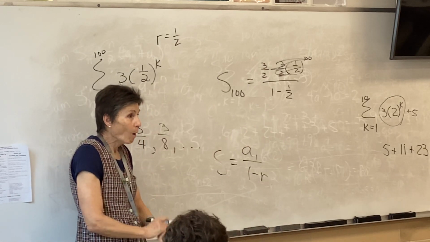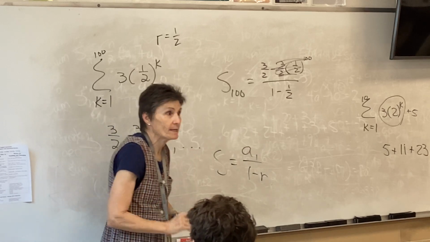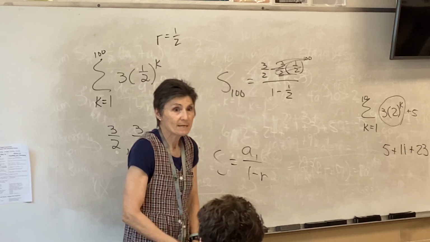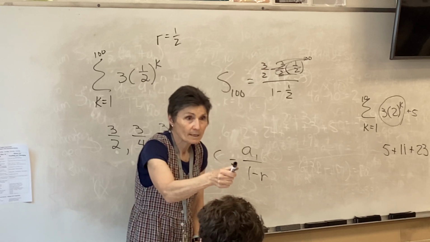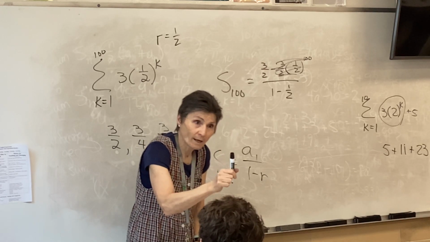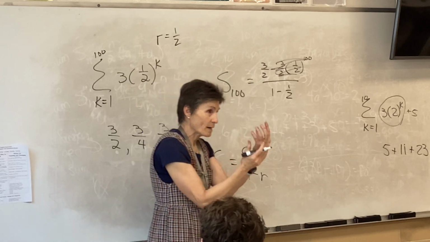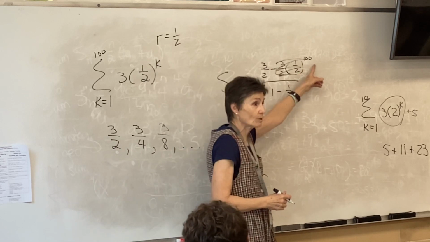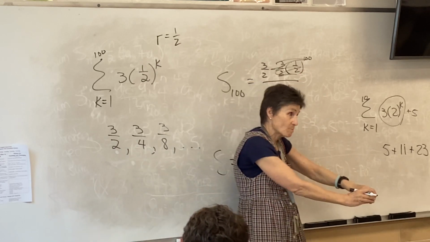Now, why did that work? It's not gonna work in every problem you do. Why did it work? Because the ratio is less than 1. And again, if the ratio is less than 1, the higher your power gets, the smaller it gets.